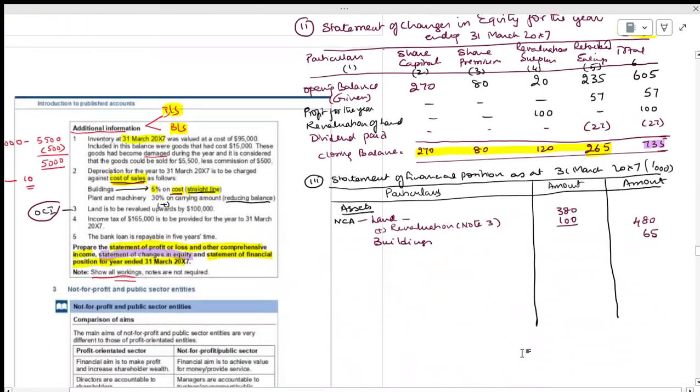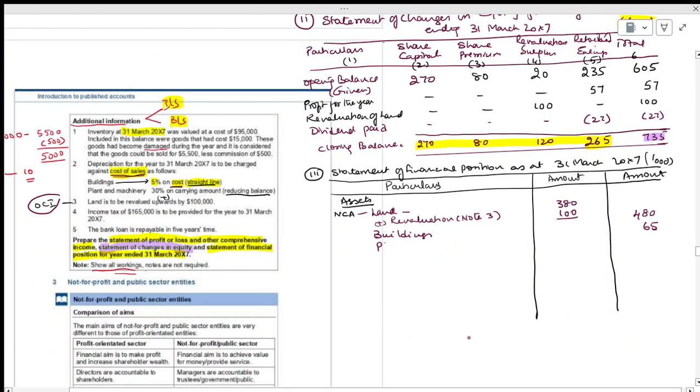Good. Add. How much will you get? 706. Good. Is it right? That is the non-current assets.